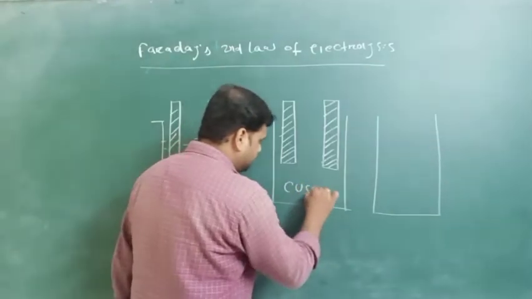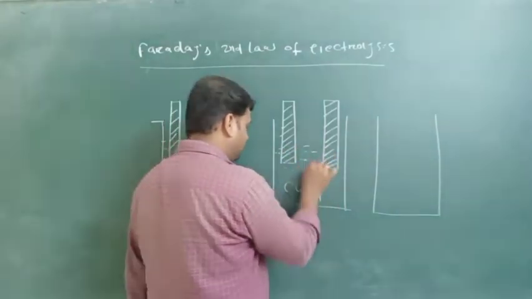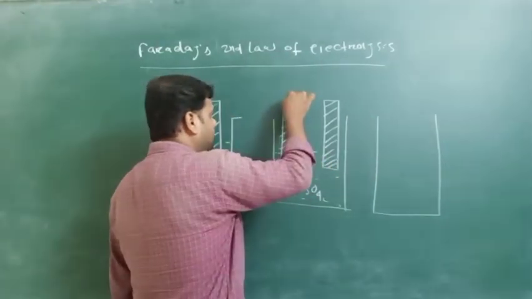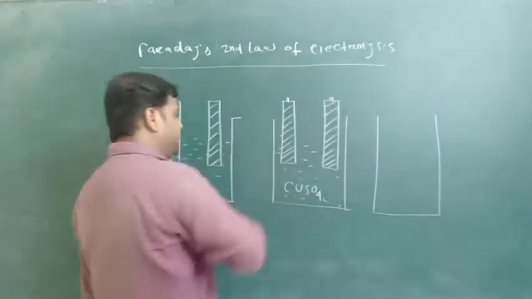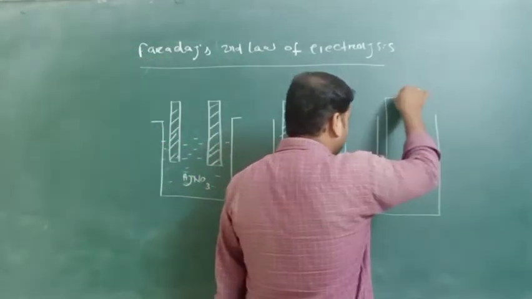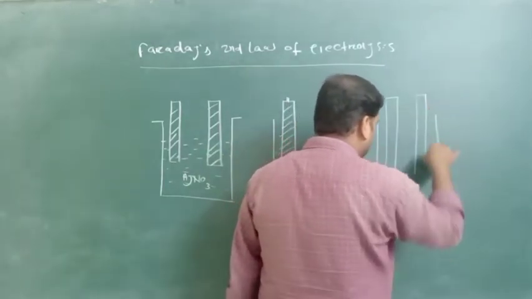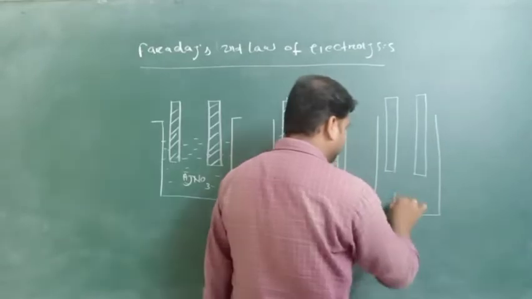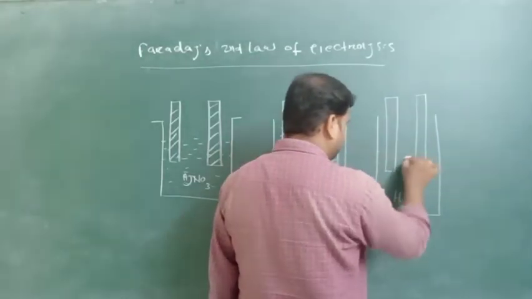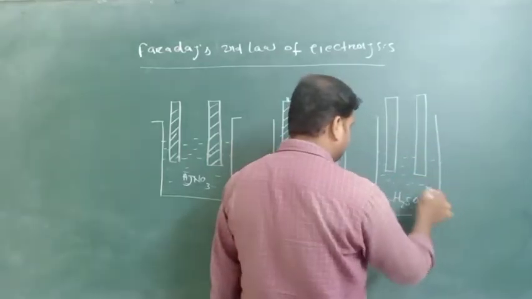We will take copper sulfate solution here, and the electrodes are dipped in the copper sulfate solution. In the last electrolytic cell, we will take acid-diluted water, that is H2SO4, because H2SO4 is an acid.